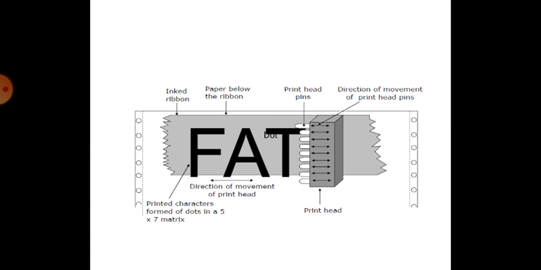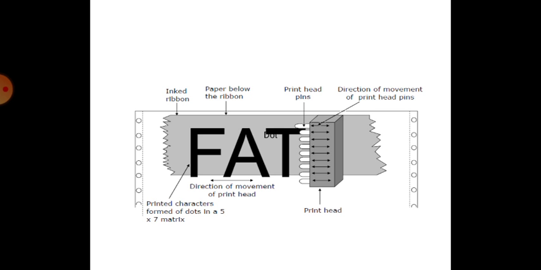Now this diagram shows you the mechanism of how printing goes on. Here you find there is a print head which is associated with the pins. The print head chooses the appropriate set of pins which will help you form a character.